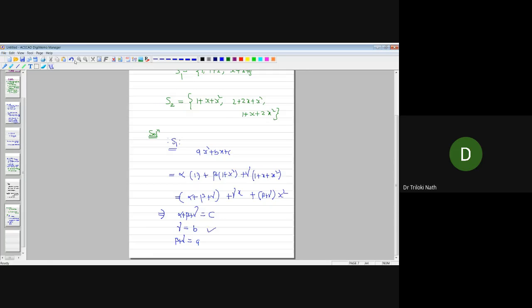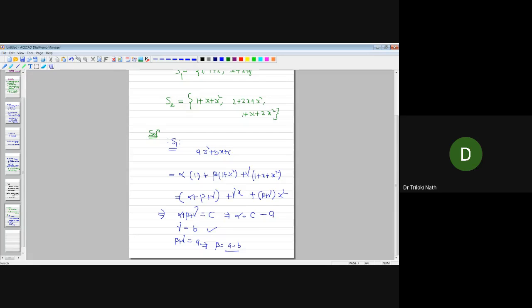So already gamma is found. From here you can see that beta is a minus gamma, that is a minus b. So beta is found. Since beta plus gamma is found as a, alpha is equal to c minus beta plus gamma, and beta plus gamma is already a.